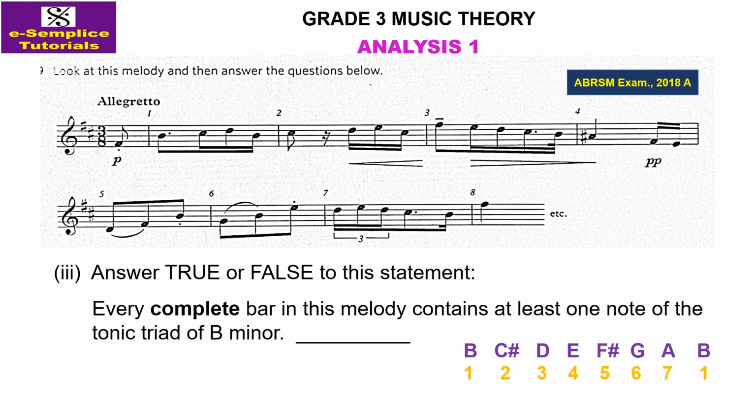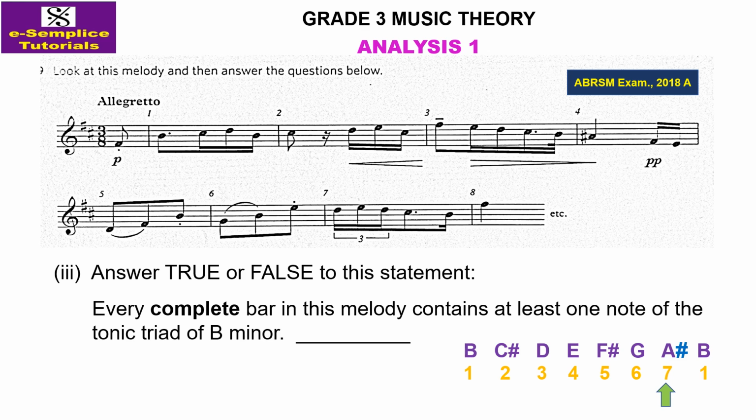These are the degrees of the scale, and as you can see, F sharp is the 5th degree. Now we are looking for the tonic triad here. And remember, the tonic triad is built on the tonic, the 1st degree of the scale. But since this is a minor key, you need to raise the 7th note. If you raise the 7th note, which is A, it becomes A sharp.